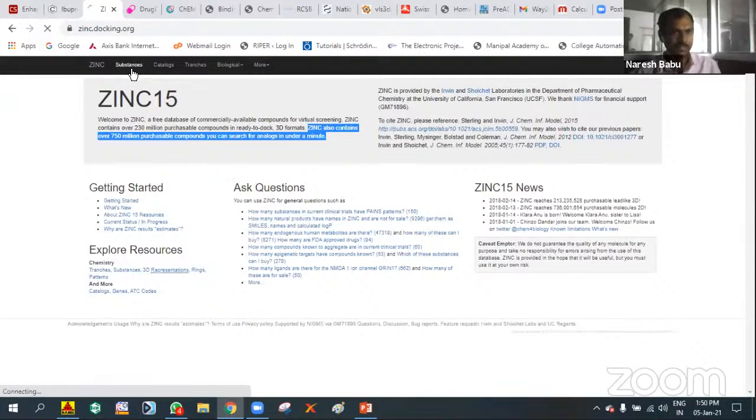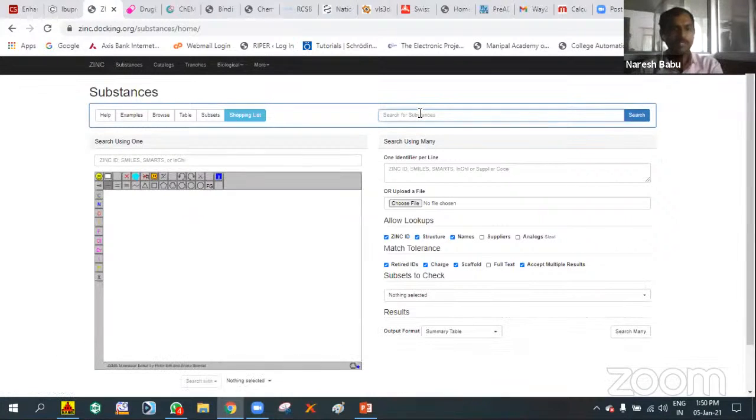If you make a search in these substances, you can enter the name of the substance, or give the ZINC ID or SMILES notation, that is simplified molecular input line entry system, or the International Chemical Identifier, InChI. So we can get the information of the compounds.